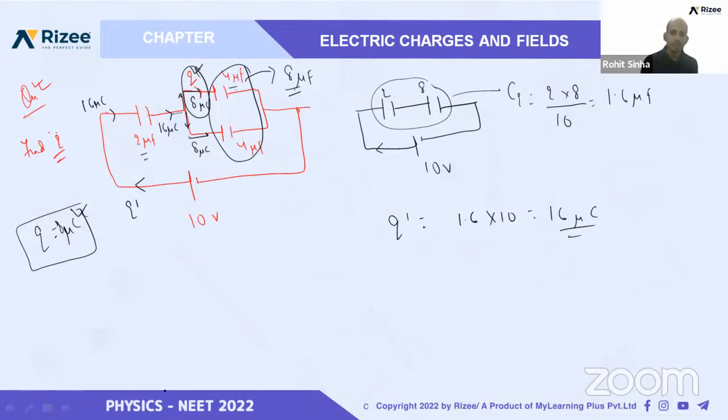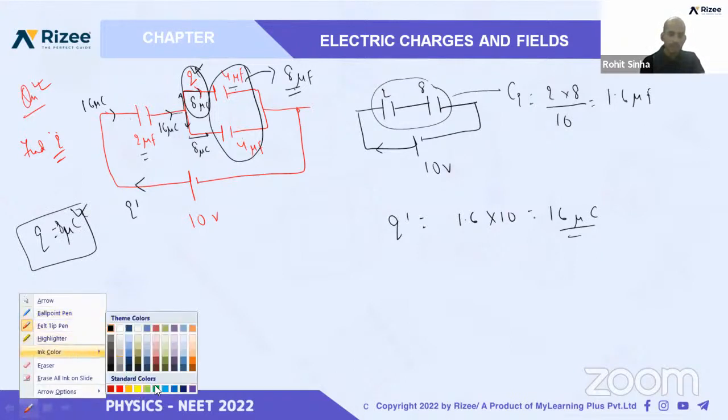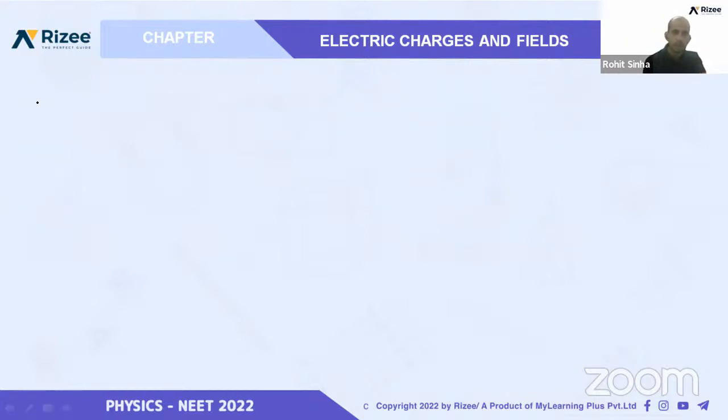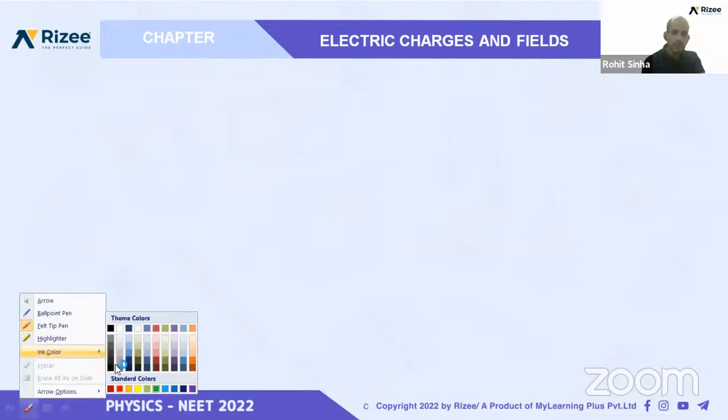What I did in this question was like this. Suppose I have this arrangement of conductors, with 2 microfarad, 4 and 8 capacitance. Let me draw the figure once more and show you.